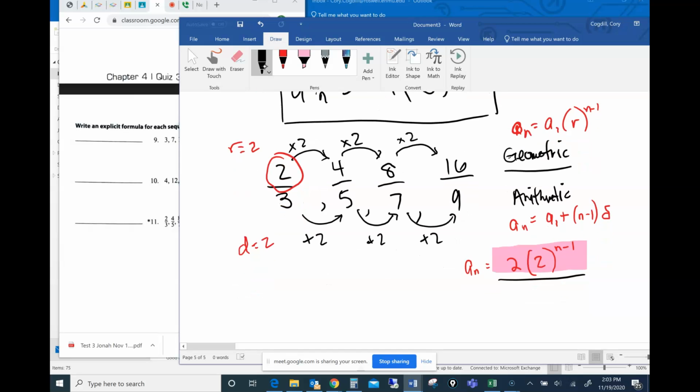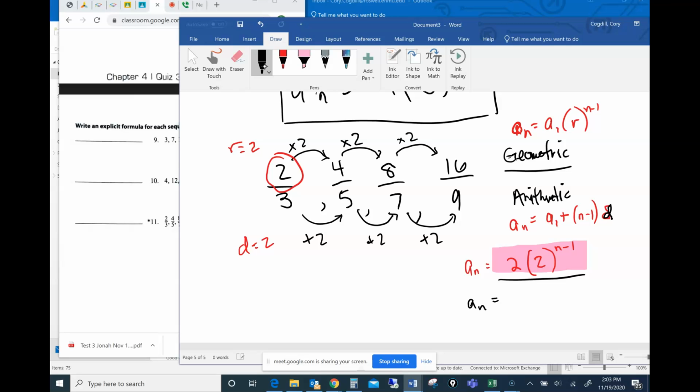Now, for the bottom. See if you guys can help me figure out the bottom. What's the first number? I'm looking at the arithmetic sequence. I kind of have it started here. We just have to plug in a1 and plug in d.